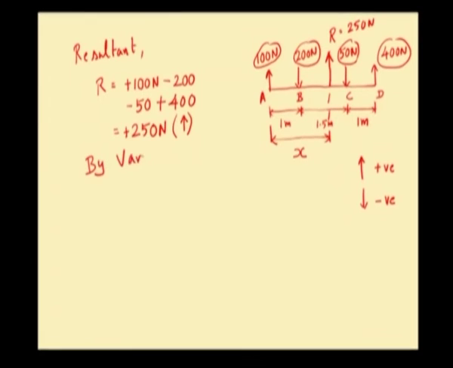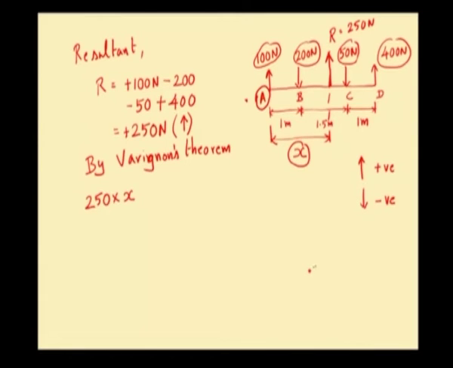So, by Varignon's theorem, moment of the resultant about a certain point, here I am going to consider point A, will be equal to the algebraic sum of moments of all other forces about point A. Moment of R about point A will be 250, perpendicular distance between R and point A is x, 250 into x.